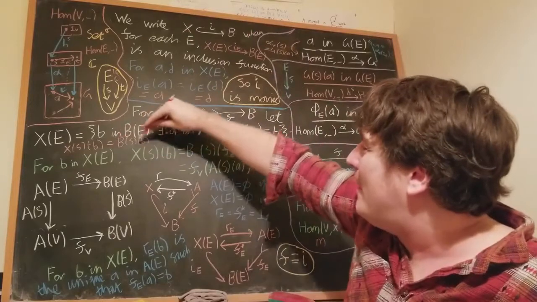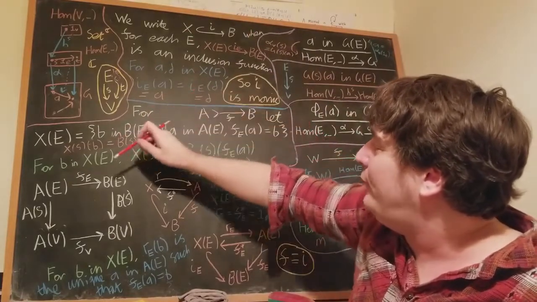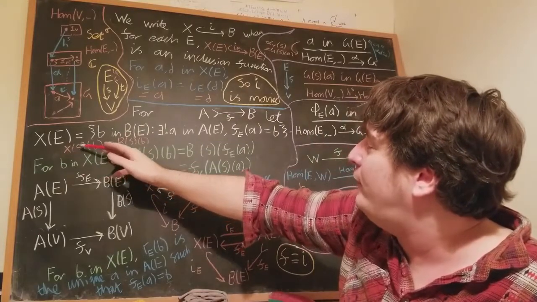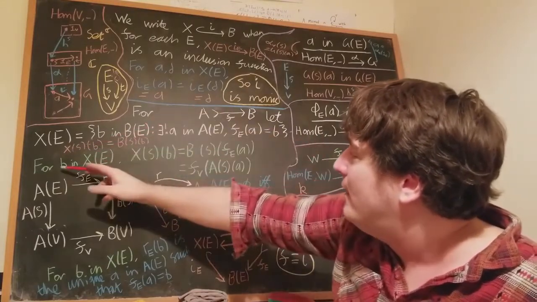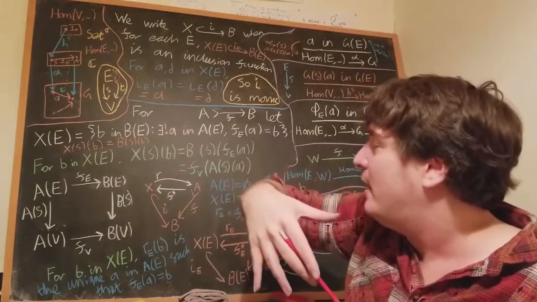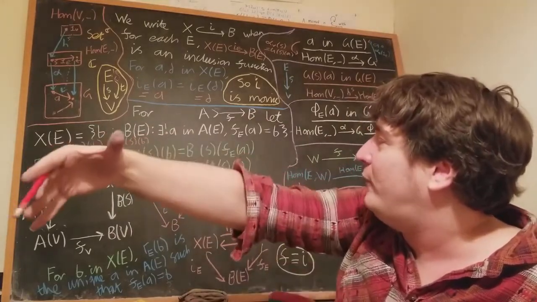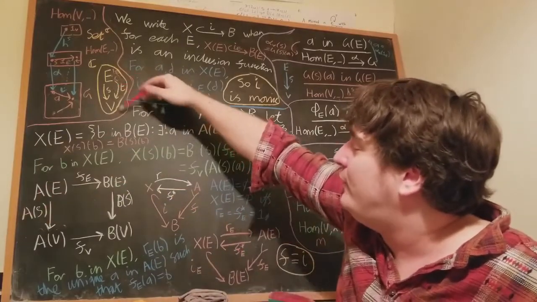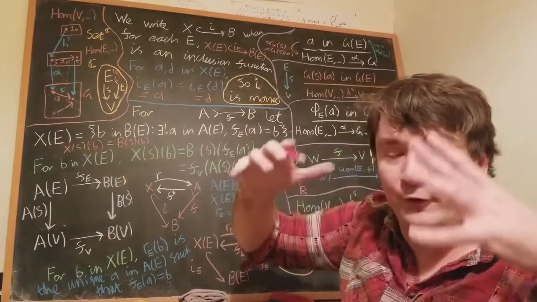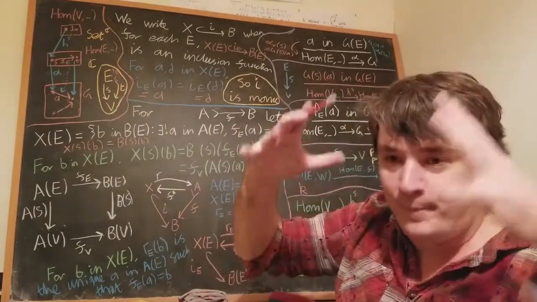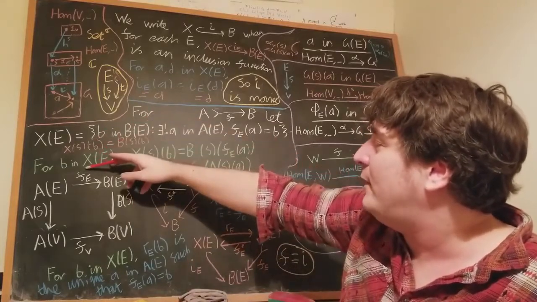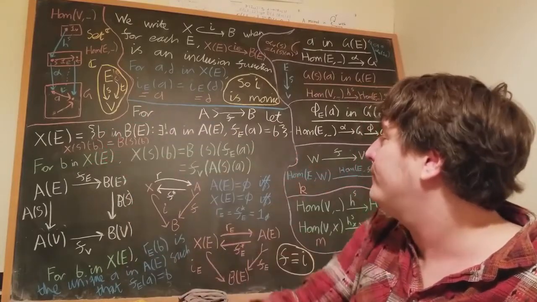Okay, so this is how we define x of s, and this is of course only defined on the b in x of E, because this ought to be a function from x of E to x of v if s is an arrow from E to v. So we can think of x of s as a restriction of b of s, restricted to operate on these elements in this subset x of E.